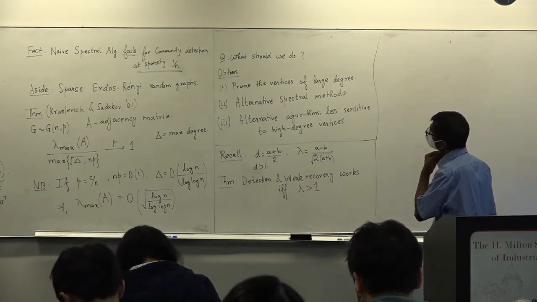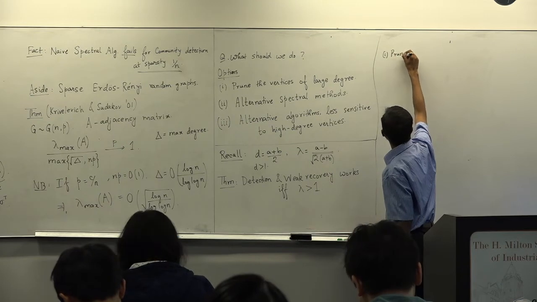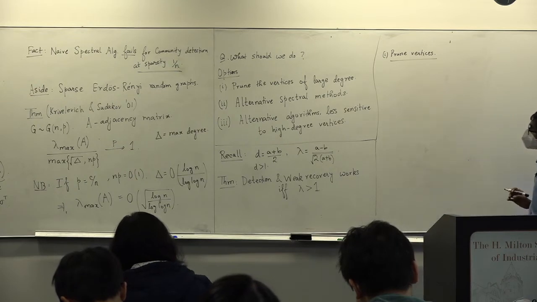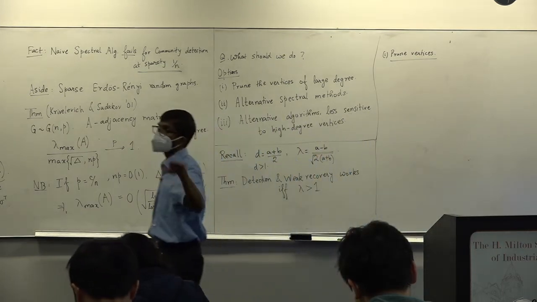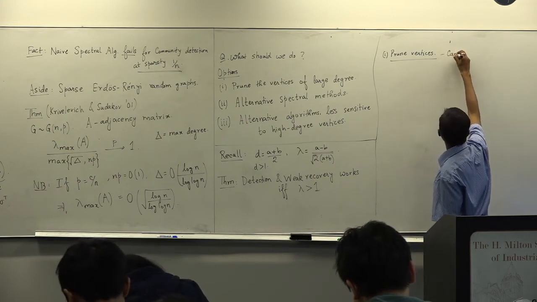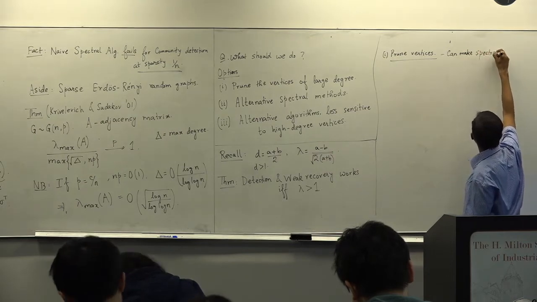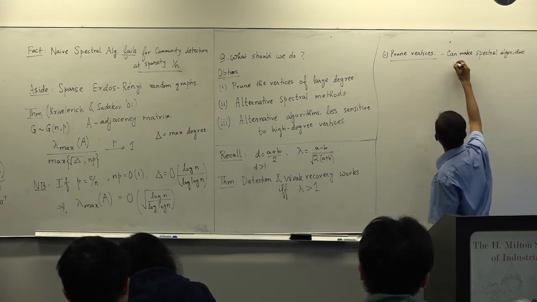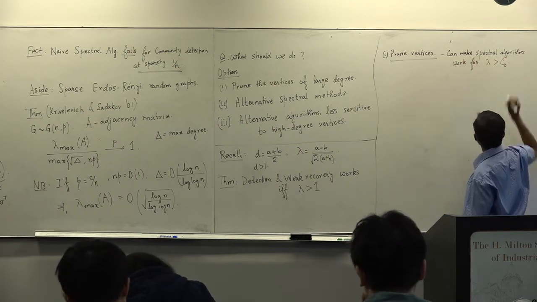Okay, so formally, if you try the first approach, which is pruning, there are actually results that, if you take the graph drawn from the stochastic block model and prune appropriately, then you can prove at least that you can make spectral algorithms work for lambda bigger than some large constant C naught.